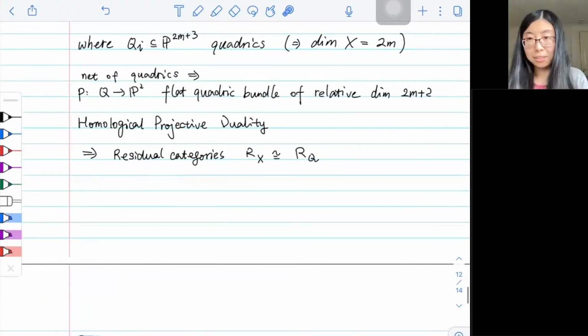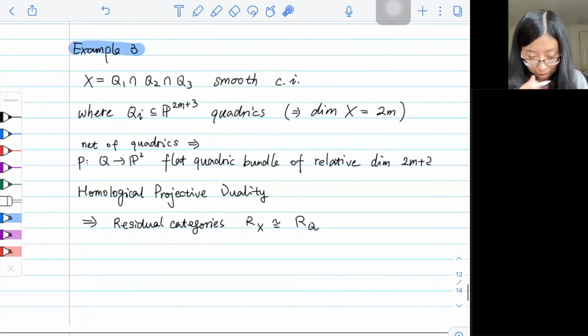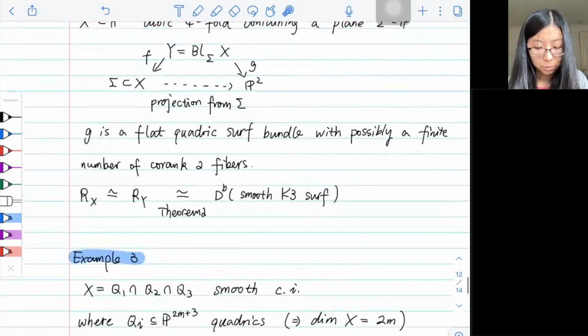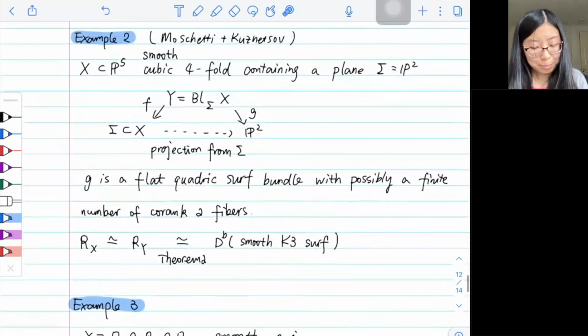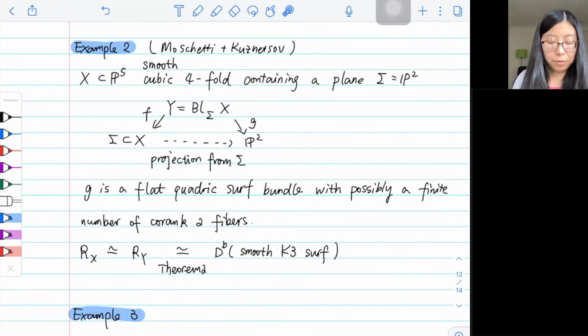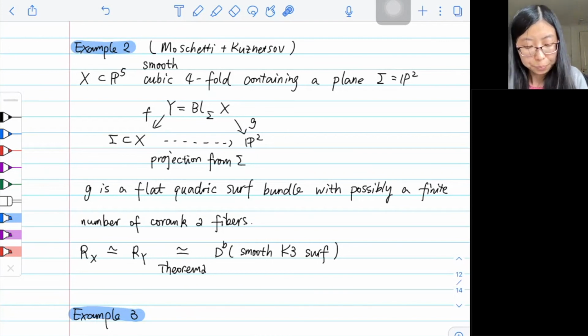So maybe since I still have a few minutes, I will mention another example that might seem more familiar to you, which is the famous example of a cubic fourfold containing a plane.